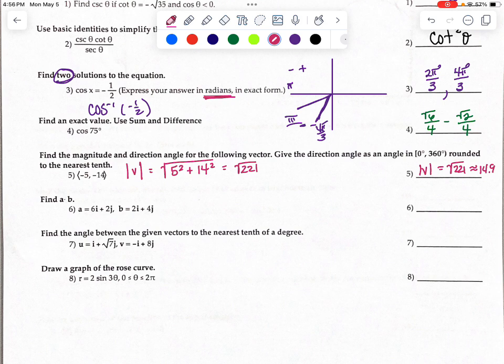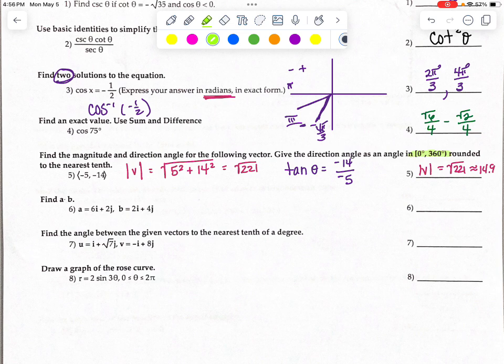It's just the tangent. It's going to be the easiest way to do this one. Tangent, as we just wrote down a minute ago, is y over x, right? So that's going to be negative 14 over negative 5, which of course is going to be a positive. Making sure it is in degrees, because if you look very carefully in the directions, it says this needs to be in degrees.